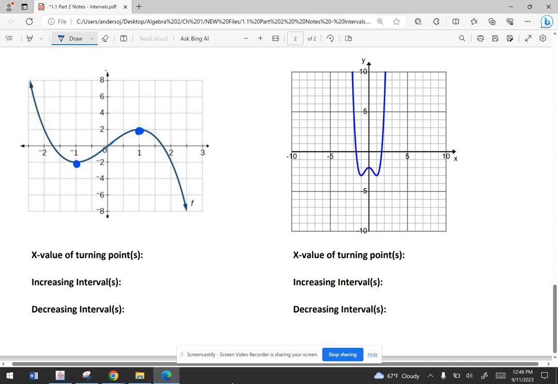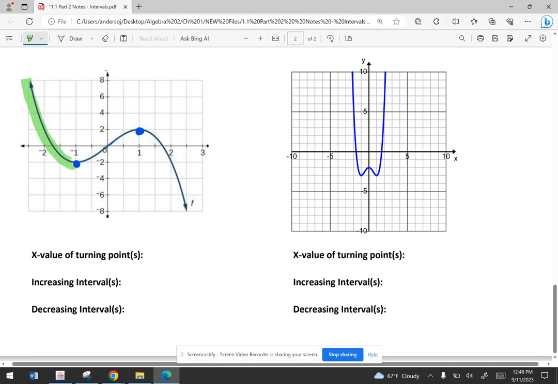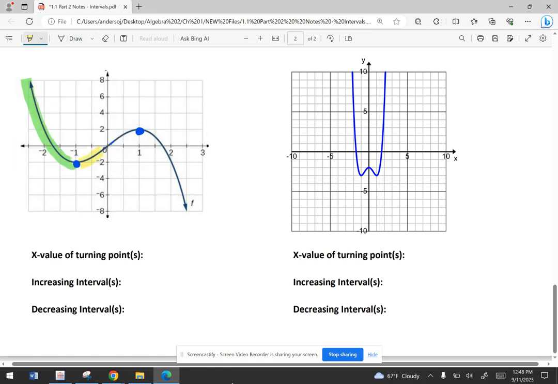Then it hits another turning point before the graph goes down. Again, the graph is going down, it switches, it hits that turning point, then the graph goes up, hits that turning point, and the graph goes down.